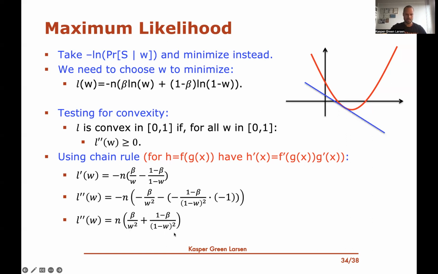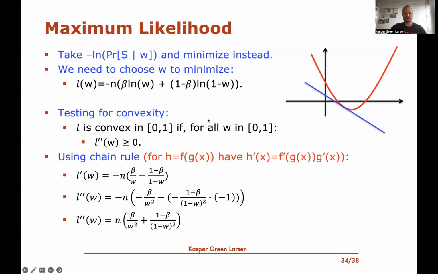So everything in this expression is non-negative. So this is a non-negative expression for all w. Indeed, this is a convex function, actually not just between 0 and 1, but for all real numbers. Great, we've tested that this expression is convex.